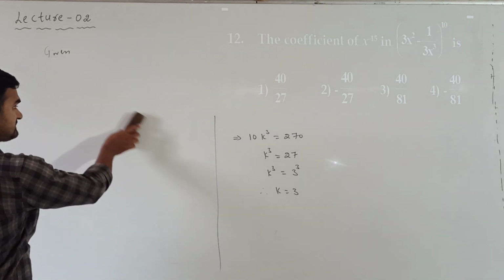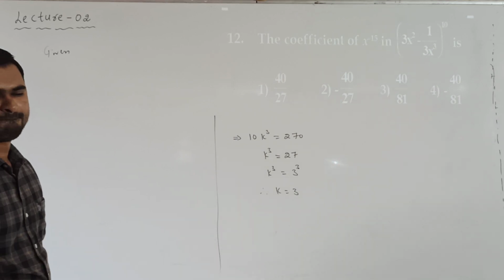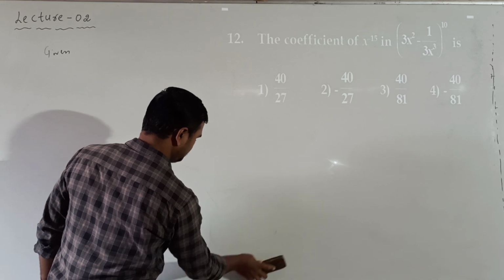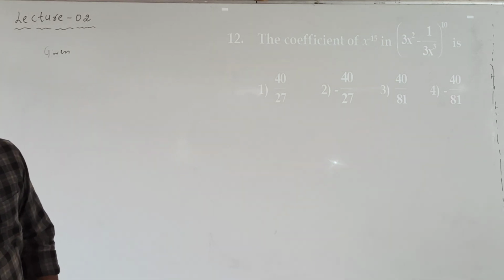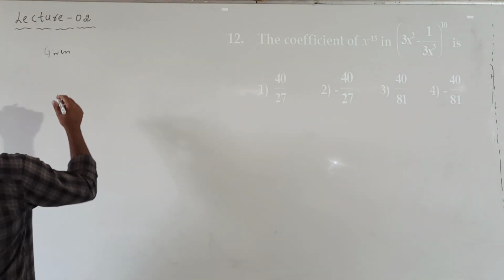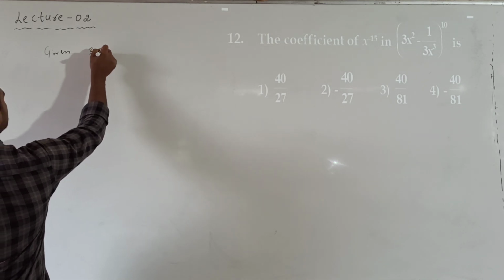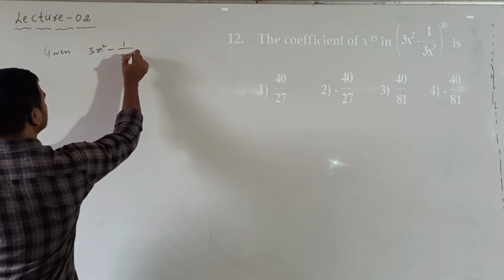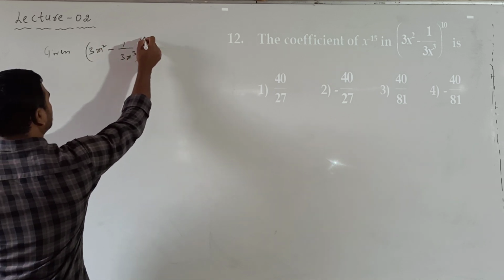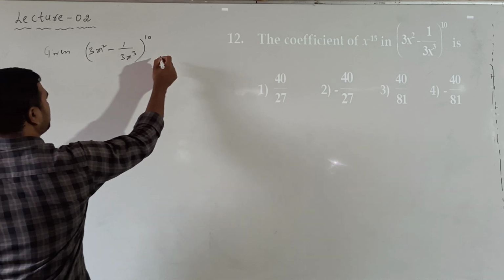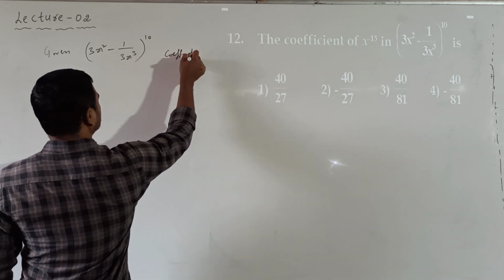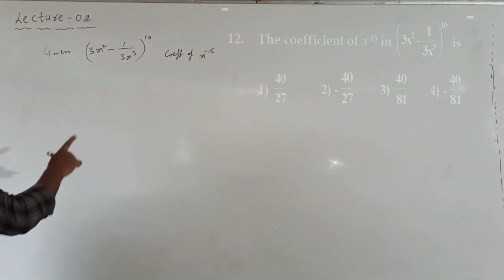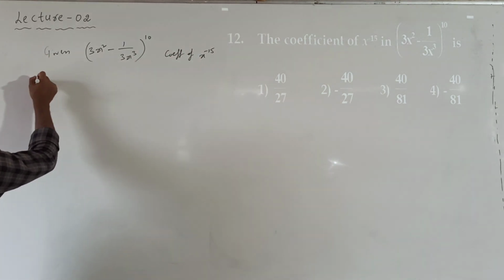So x power minus 15 means m is minus 15, and comparing with the standard form, n is 10. So the expansion is (3x square minus 1 by 3x cube) whole to the power of 10. We need the coefficient of x to the power of minus 15.